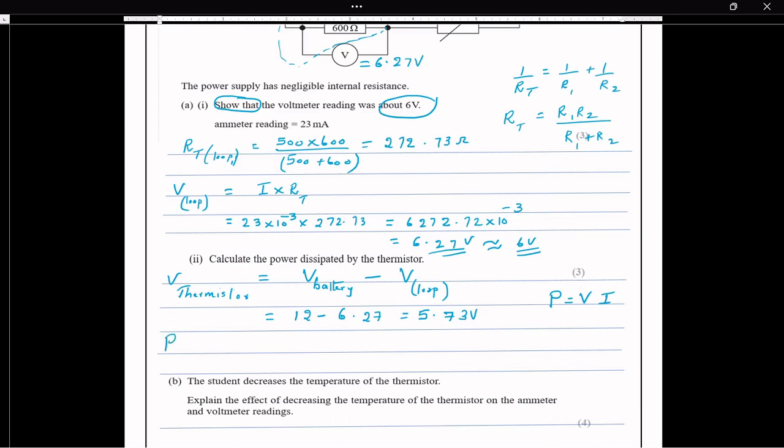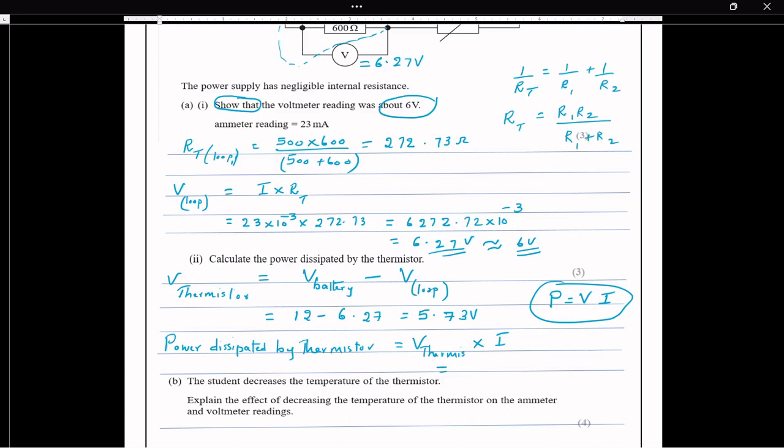Therefore, the power dissipated by the thermistor equals the voltage of the thermistor times the current flowing. It is connected in series, so the same current flows through the thermistor and through the parallel combination loop.